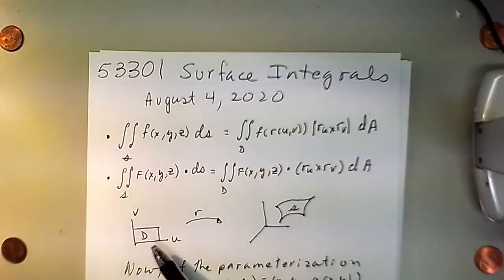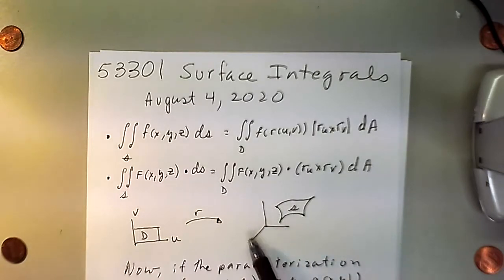So instead we use this UV transformation, this R transformation, that takes a region from the UV plane into this space.